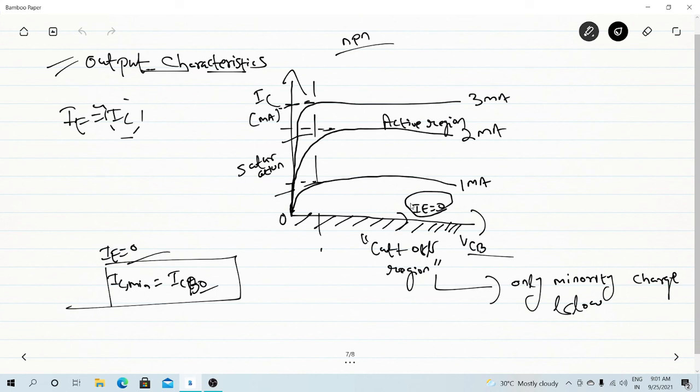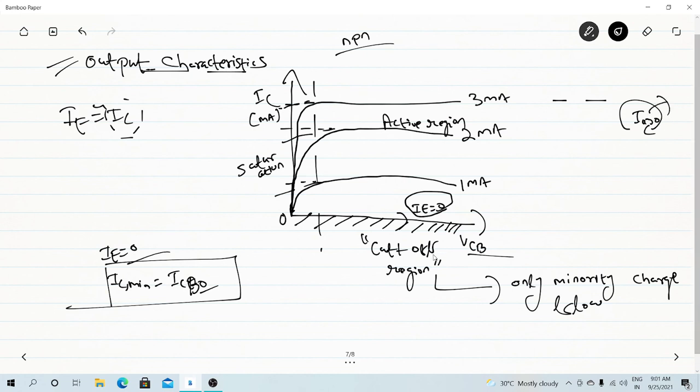As you make the input section open circuited, IE becomes 0, and only you are having the output section. In the output section, the current that will be flowing is ICBO, and this is my minority current.